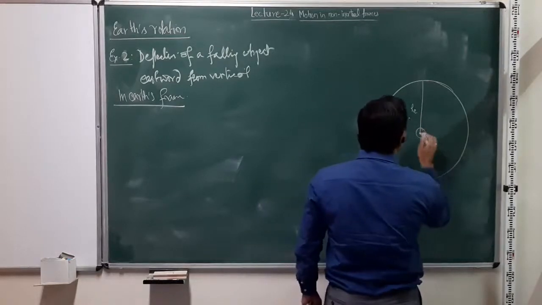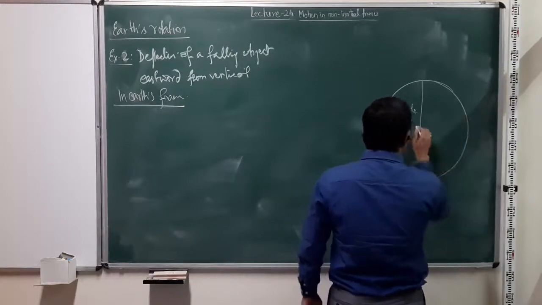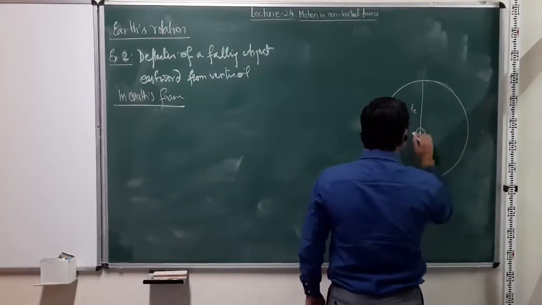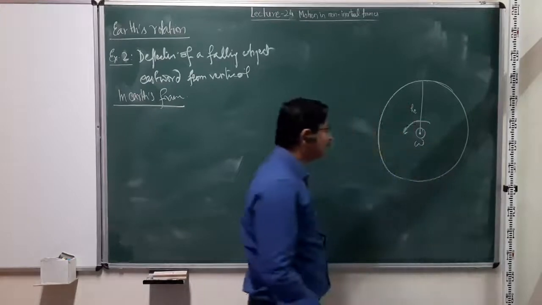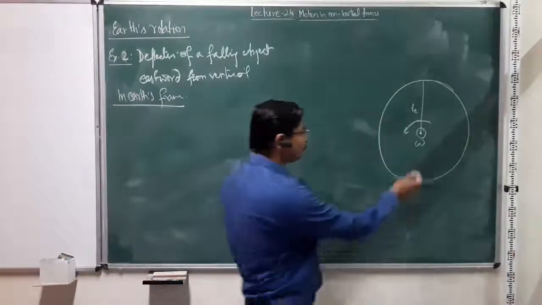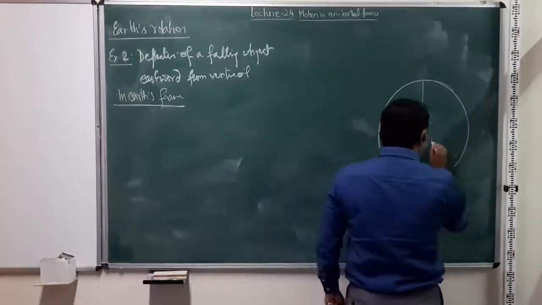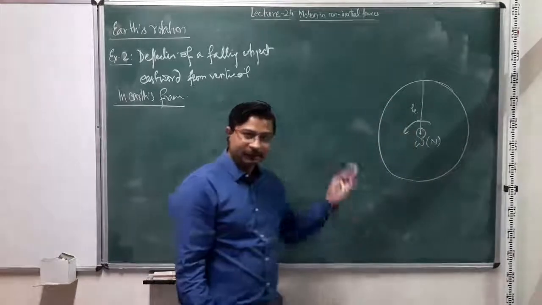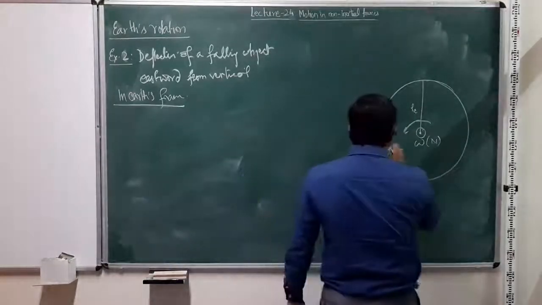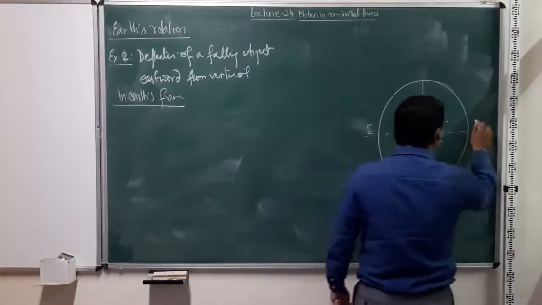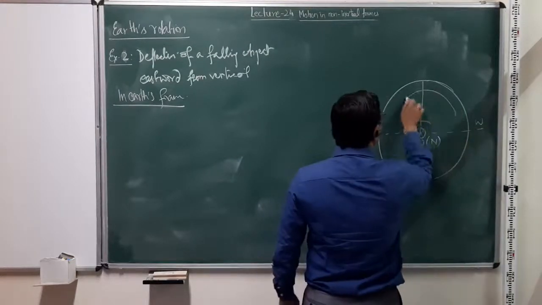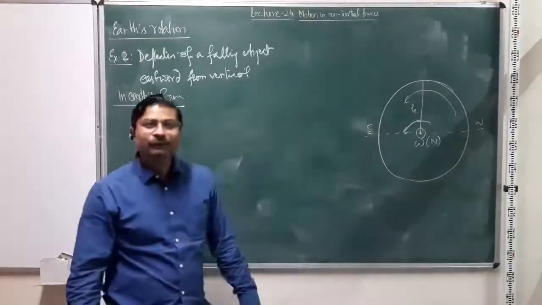The rotation goes from west to east, with angular speed omega. So the axis of rotation is coming out of the board. That also means this is my north direction, coming out of the board. If this is my north direction, then this is east and this is west, and yes, the Earth is rotating from west to east.